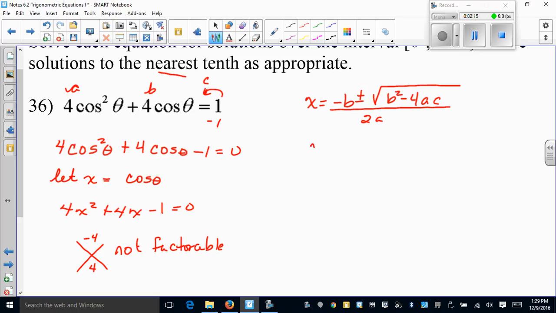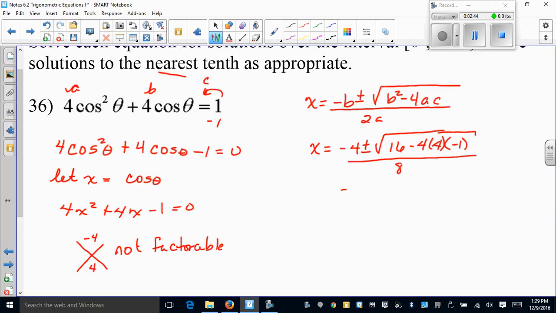So we get x equals -b, so -4, plus or minus the square root of b squared, b is 4, so 16, minus 4 times 4 times -1, all over 2a, which is 4, so 8. Yes, I skipped steps, but hopefully you can follow what I was saying.